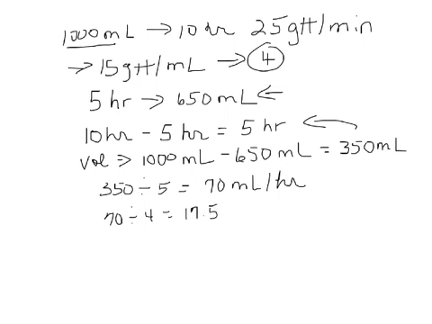We can't give half of a drop, so we'd need to slow our IV rate down to 18 drops per minute in order to complete this in the ordered amount of time. And it would be the same way if we were speeding it up. We would follow this same progression of calculations.